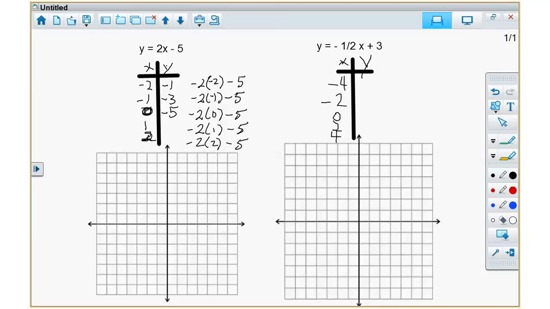Now what's the pattern? -1, -3, -5, -7, -9. Let's check it. -2 times 2 is -4. -4 minus 5 is? Then plot your points. Go ahead and plot your points.